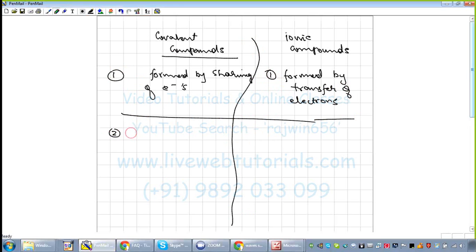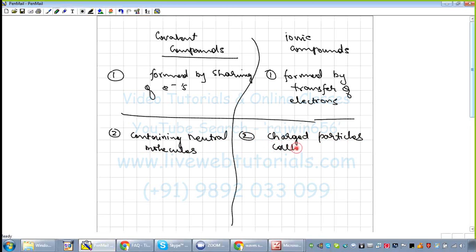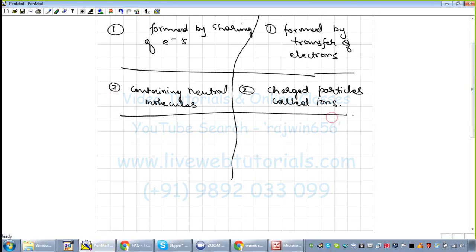Covalent compounds will be containing neutral molecules. Ionic compounds will be containing charged particles called ions. Covalent compounds generally have low melting point and boiling point.